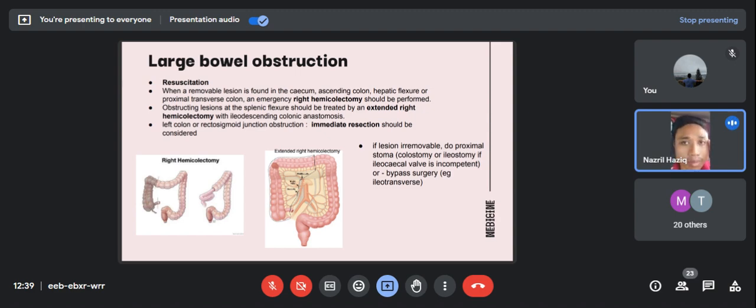The aim is to relieve the obstruction of the bowel, and after the symptoms are relieved, we can go to the next definitive management. Okay, next.